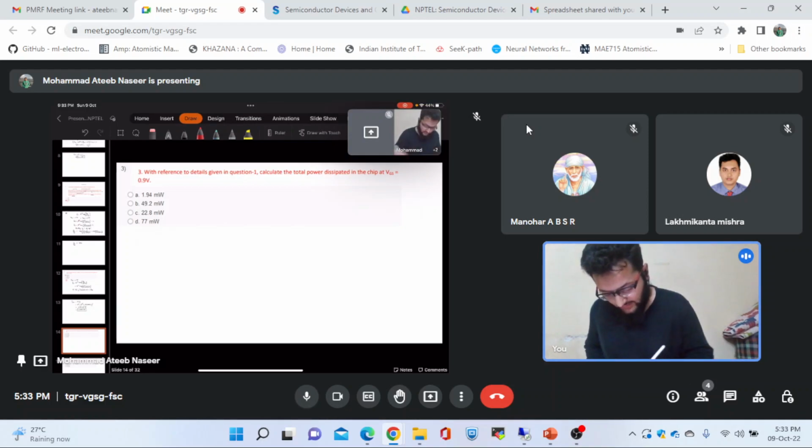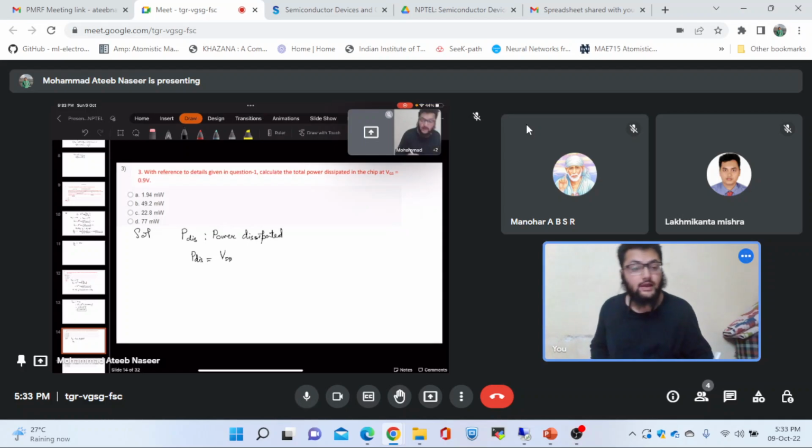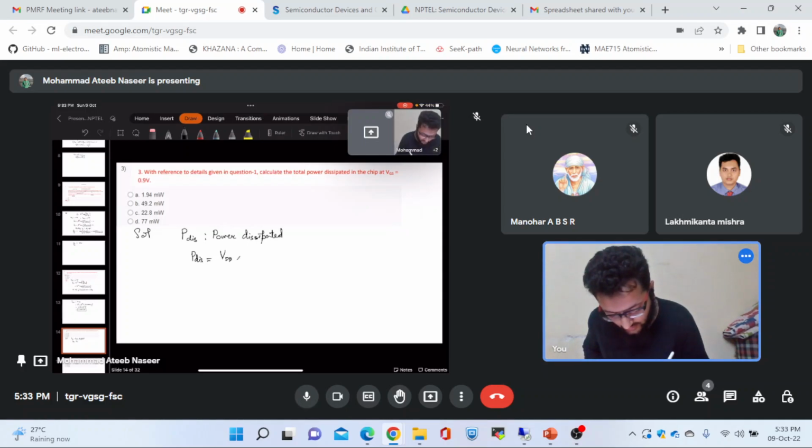We know this power dissipated, if I denote it by P, will be equal to the applied operating voltage, that is VDD, into the total current.